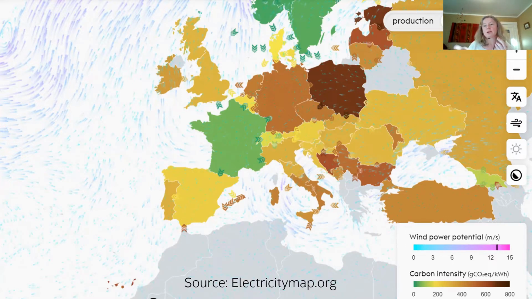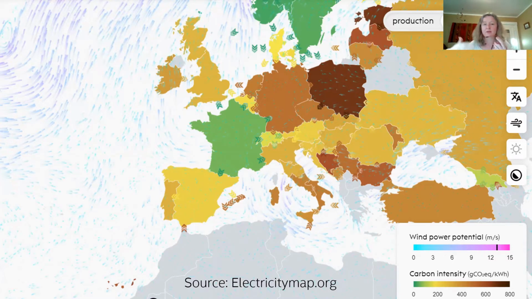So you can't just say the US has this mix and France has that. It changes, because you have these weather dependencies and you have an infrastructure. For example, the Nordic countries have invested very highly in renewables. France has invested in nuclear, which here is being coded as low carbon.